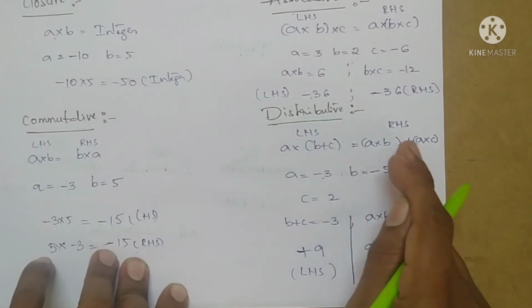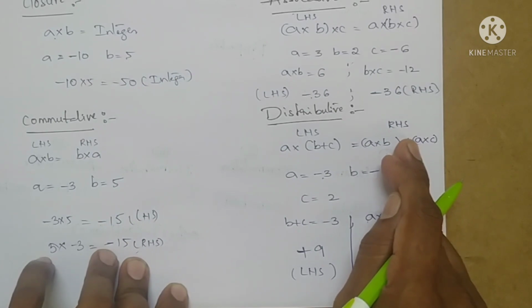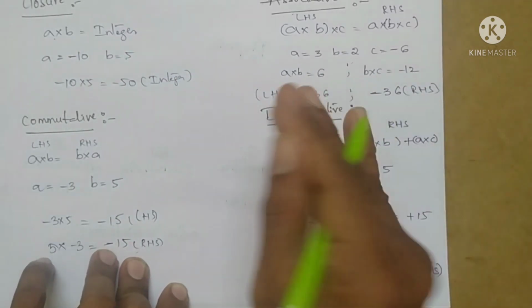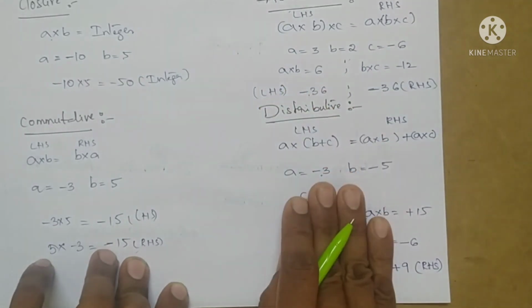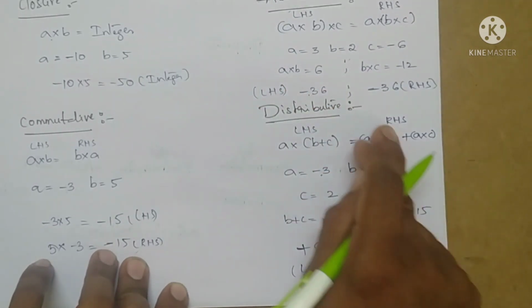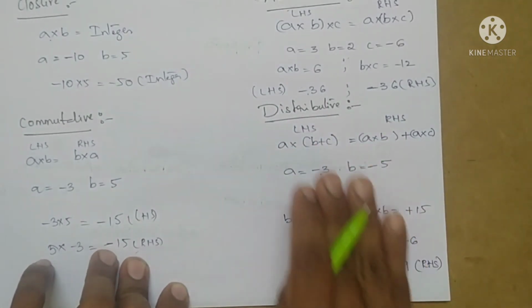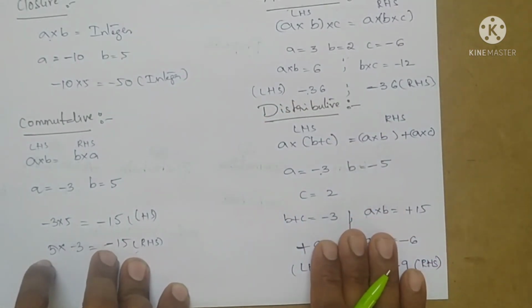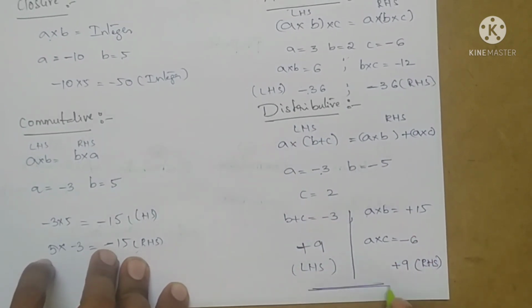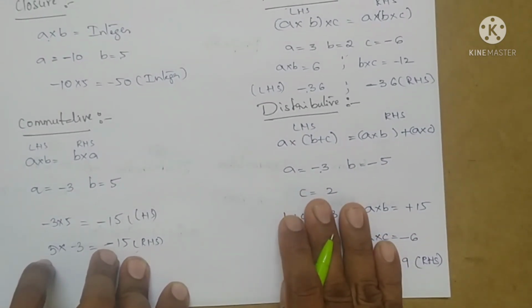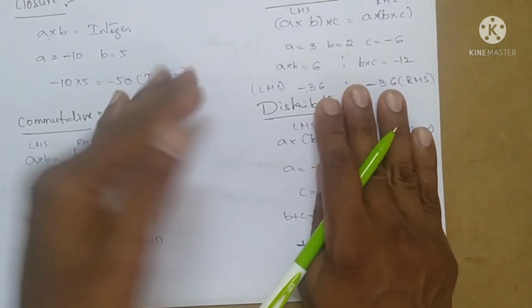Here LHS is equal to RHS. So finally we can conclude that distributive property is working for integers under multiplication. So these are the final conclusions of the properties, under addition and under multiplication.